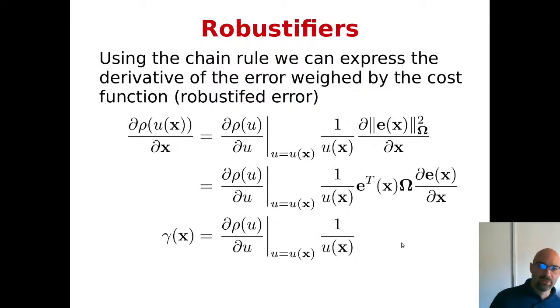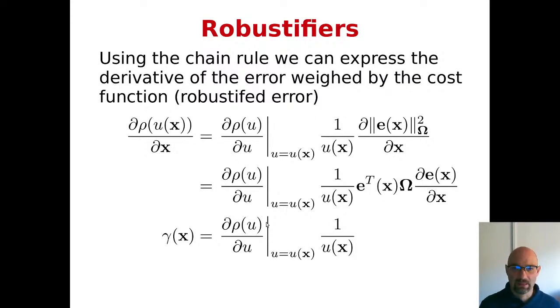Now, if we introduce robustifiers, we recall that they introduce another level of derivation in our chain. So the derivative of the robustified function will be the derivative of the robustifier evaluated in u multiplied by the derivative of u, which in the end results in the following formulation. This is the derivative of the argument, and this is the derivative of the cost function.